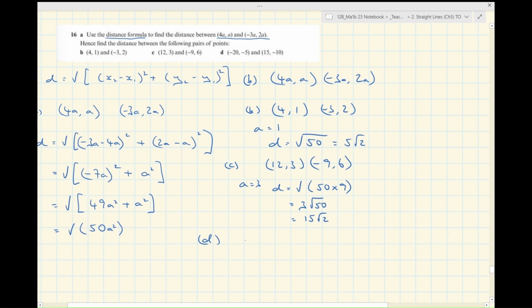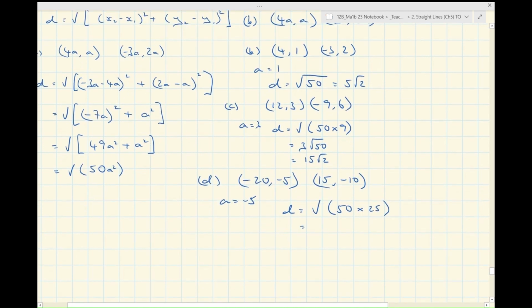My 2 points in D are minus 20, minus 5. Looks like A is going to be minus 5 here. And indeed, looking at the second points, that is how it's going to work. So A is minus 5. So my D is going to be the square root of 50 multiplied by minus 5 squared, which is 25. So what can I take out of there?